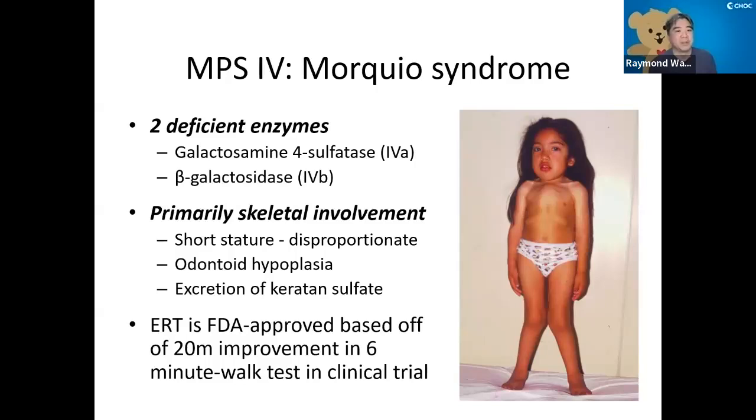So in my clinical experience, enzyme replacement therapy for type 4 may improve some general activity levels, but it's not going to reduce, say, the need for orthopedic surgery in the hips, knees, and up in the C-spine, which are the typical problem areas for MPS 4A.